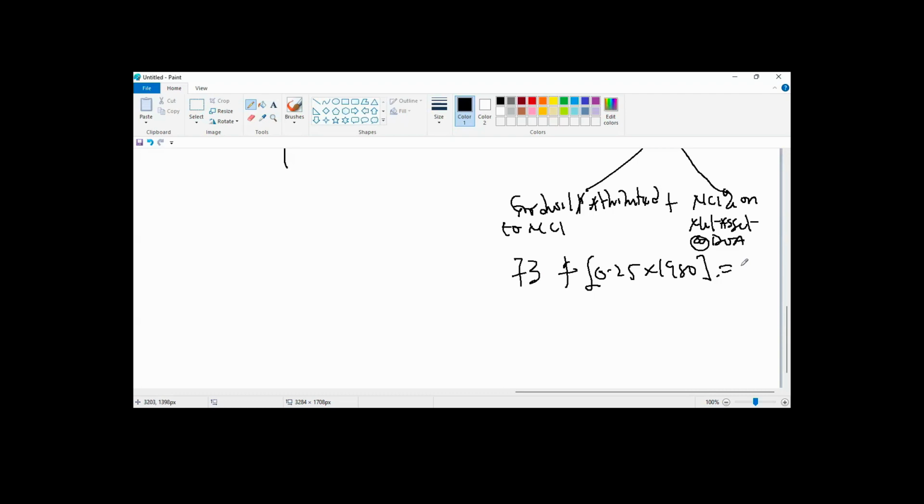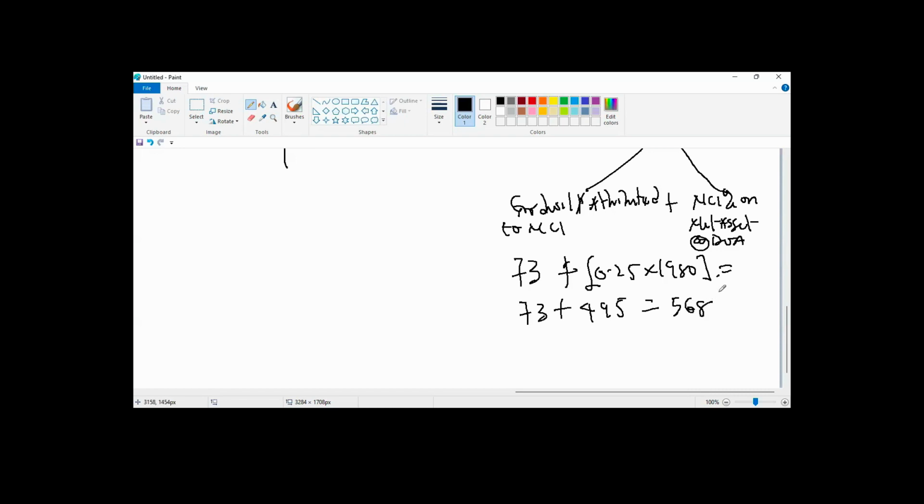This method is the best option because it's giving the fair value as at the date of acquisition. Fair value of NCI at the date of acquisition: 0.25 times 1980. This will give me 73 plus 49.5, plus 73. That will give me 568.